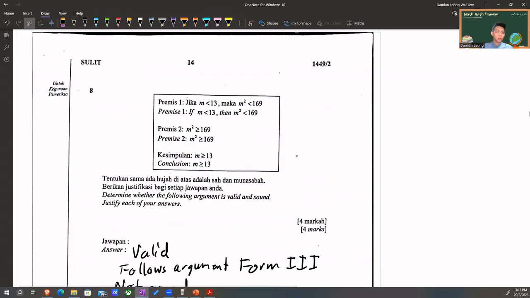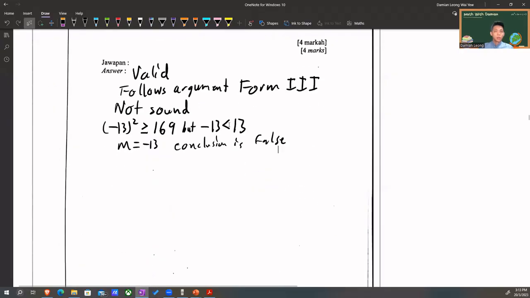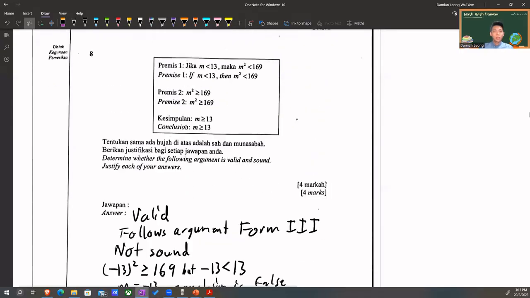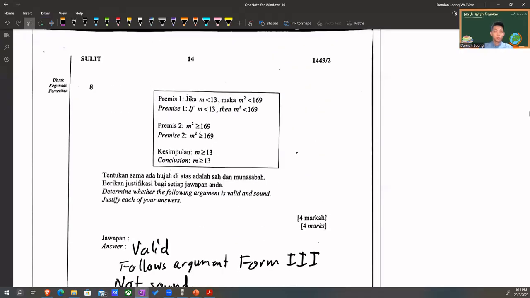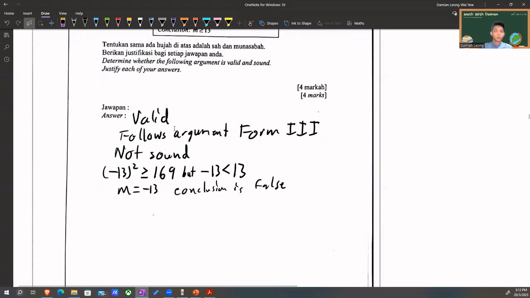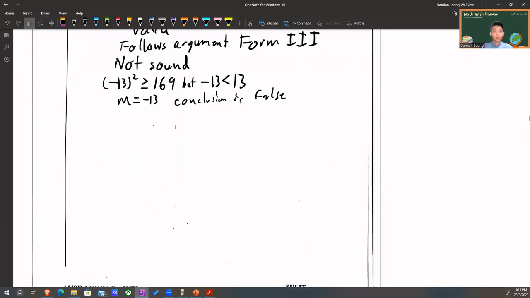Actually, premise 1 is correct. But the conclusion will be false if I follow this premise 2. So yeah, it's not sound.